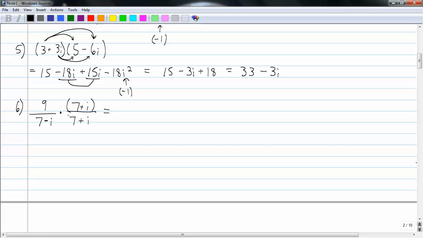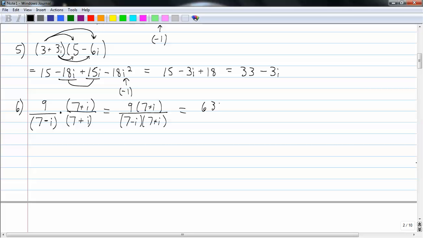Alright, and so when I do that, my numerator is going to become 9 times 7 plus i. My denominator is 7 minus i times 7 plus i. Alright, so let's multiply out the numerator.